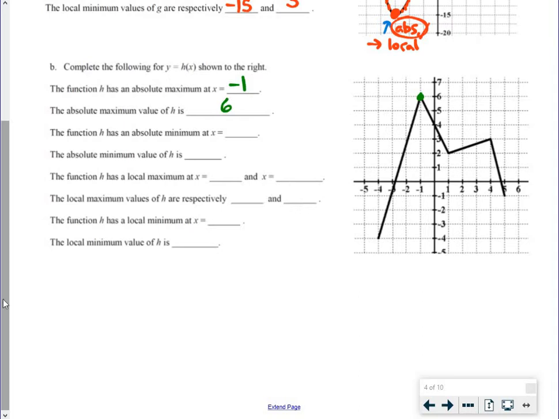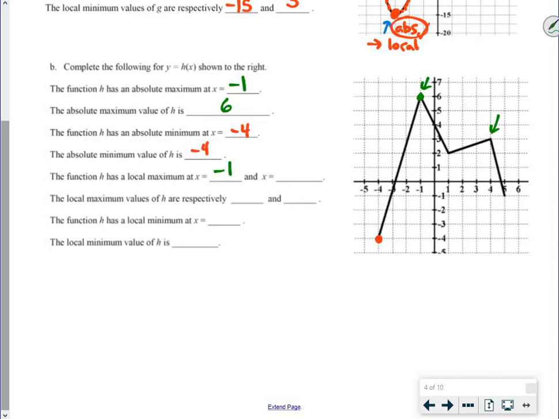Okay, we also have an absolute minimum for this function here, and that happens when x is negative 4. And the absolute minimum value, so the corresponding y value is negative 4 as well. Okay, we have local maxima here and here.